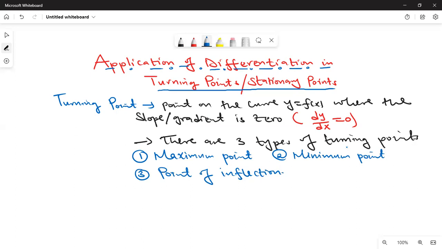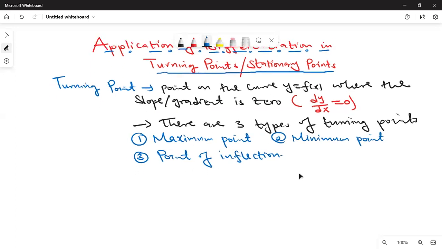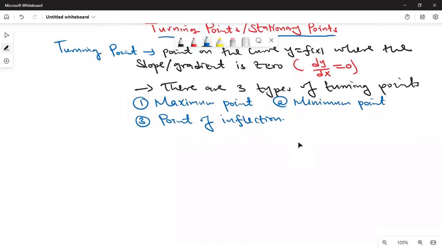Let me sketch a curve to illustrate those 3 points. We sketch a graph of any given function to illustrate the turning points. So here we have x, here we have the y-axis, and where they meet is the origin.